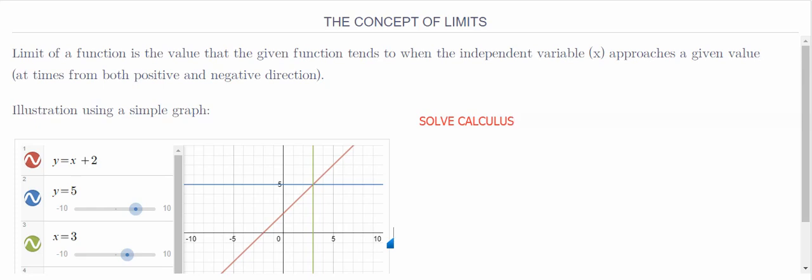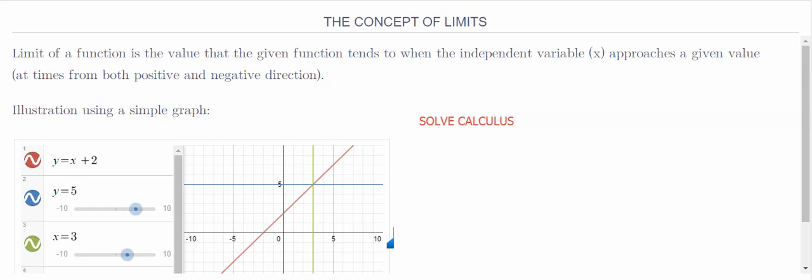Now, today I want to look at something briefly on the concept of limits. The limit of a function is the value that the given function tends to be when the independent variable approaches a given value. At times, this independent variable can approach a given value from both sides, that is the negative and the positive direction.